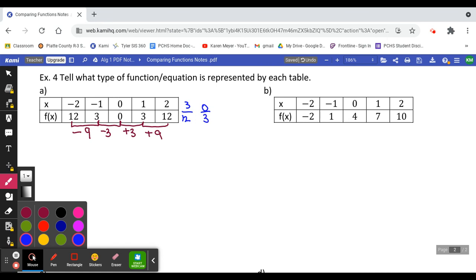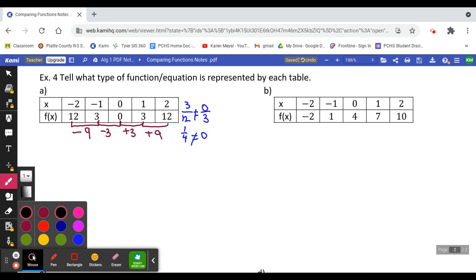And I could keep going except for right here. Is 3 over 12 the same thing? If it reduces down, will it be the same thing as 0 over 3? No, it will not, because 3 over 12 reduces to 1/4, and 0 over 3 reduces to 0, and these are not the same number, so exponential is off the table.